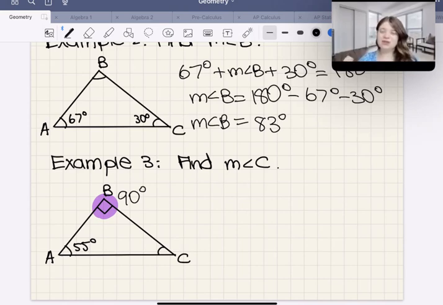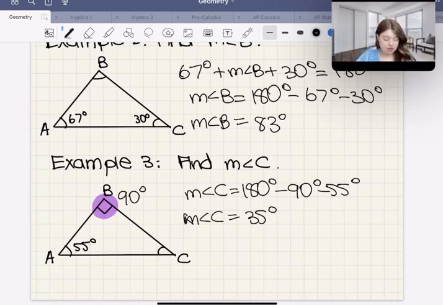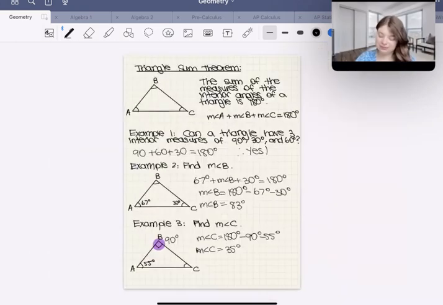And so using that information, we can find measure of angle C. Measure of angle C is equal to 180 degrees minus 90 degrees minus 55 degrees, which is equal to 35 degrees. And so, therefore, measure of angle C is equal to 35 degrees.